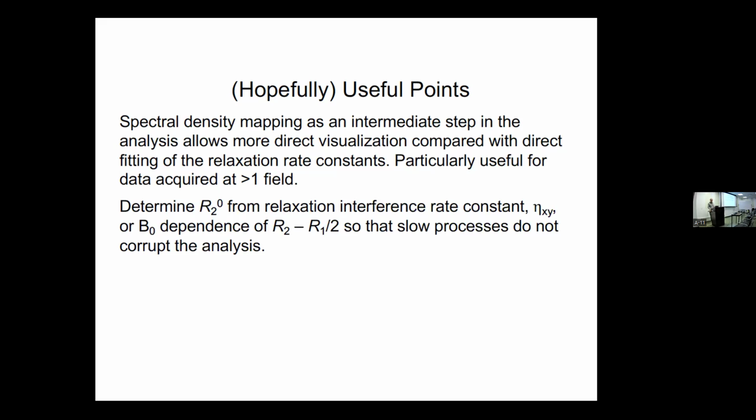And of course, if you have data in more than one field, then you can use the B0 dependence to try to check for chemical exchange. Or, as we talked about, the relaxation interference rate constants don't depend on chemical exchange because they're basically the difference in line widths between the multiplet components. Exchange affects both multiplet components the same, so the difference is independent of exchange.